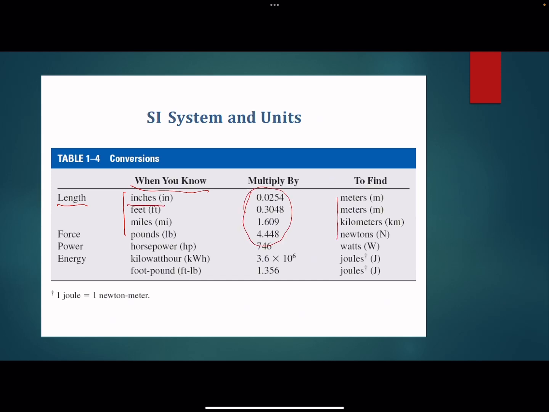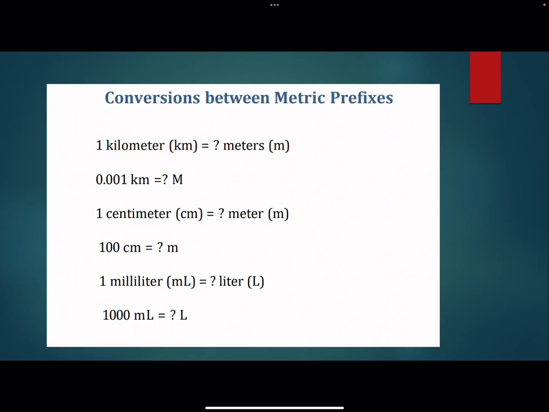So if we have inches, we need to multiply by this number in order to get meters. Let's say if we have 1 inch, it equals 0.0254 times meters. So that's how we use this. When we have this, we need to multiply by the converter in order to get different units. That's how we convert the unit.